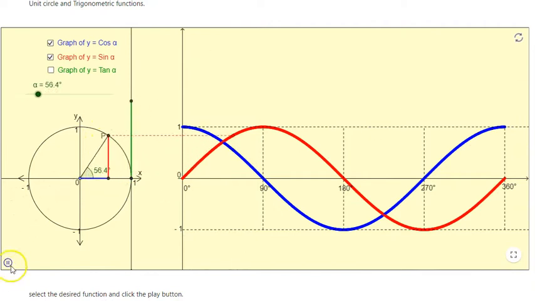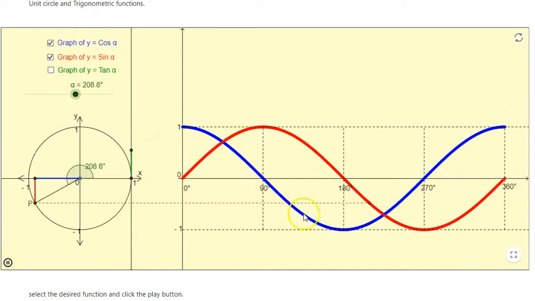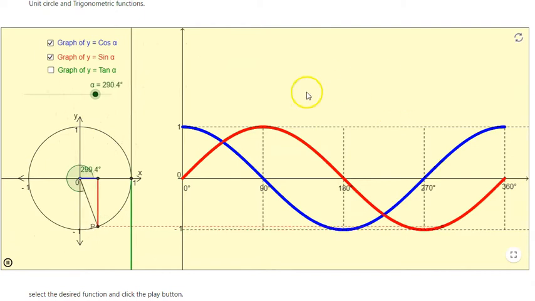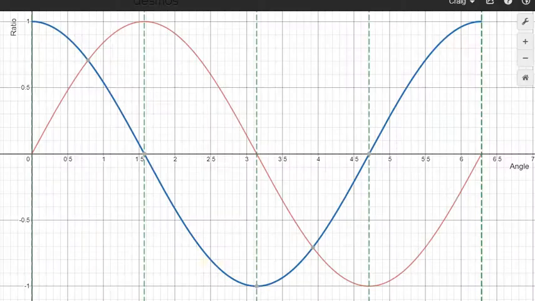If I pause it there, we'll go to 90. 90 degrees would be the same as saying 360 degrees plus 90, and this value would be exactly the same, or we could say 2 pi radians plus pi on 2 radians would still give the same value up here. So the functions themselves are always going to keep repeating this general shape over and over again.